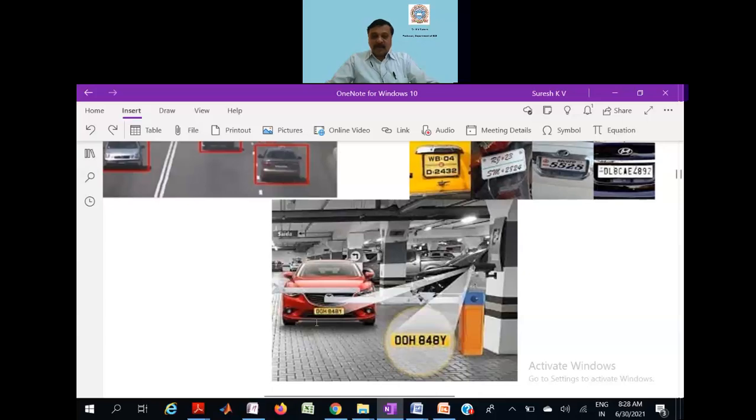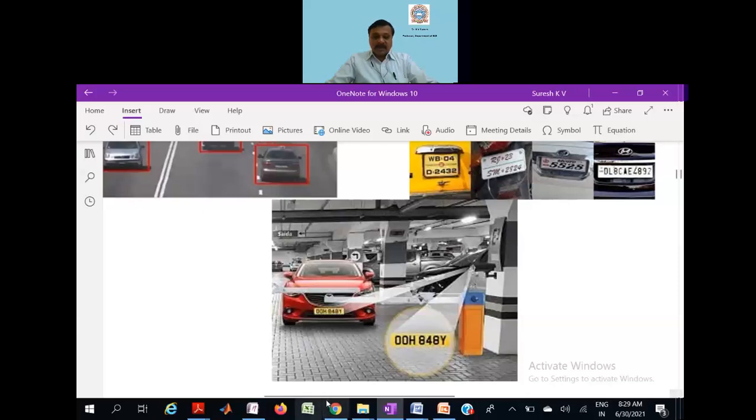But all of you know that apart from the license plate, there would also be some writing on the vehicle. For example, other details like who is the manufacturer would be printed, or there would be some other text printed on different parts of the vehicle. So how do you separate that text which is not a part of the license plate?